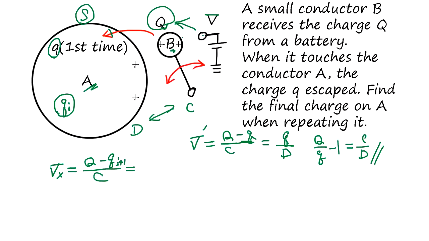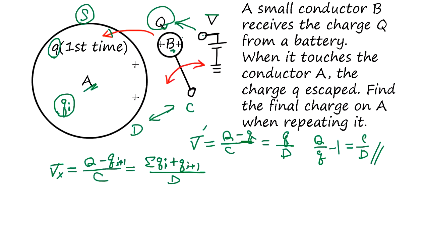Let's try qi plus 1 times. So we have sigma qi, we accumulated i times already, plus the new qi plus 1, over D, right?